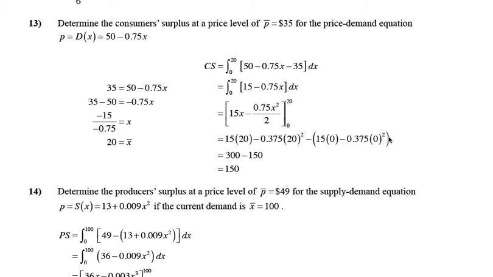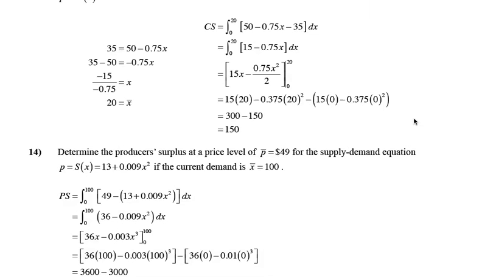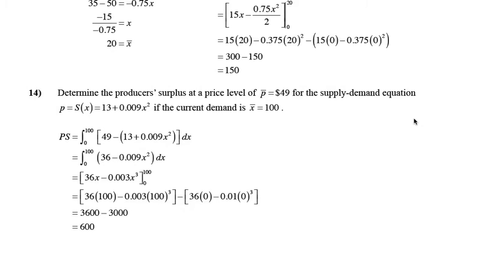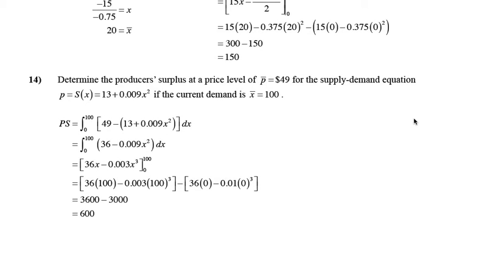That's the same situation you'll encounter on the question on the test, and it's also the same situation you're going to encounter with the next question, producer's surplus. Everything that we did in question 13, we will repeat in question 14, except that the formula is a little different.